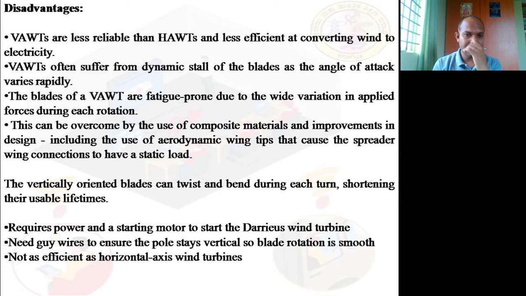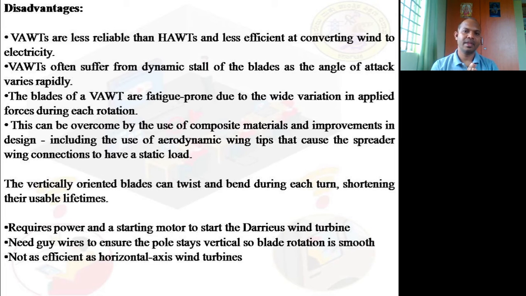Is it clear? This can be overcome by use of composite materials and improvements in the designs, including the use of aerodynamic wing tips that cause the spreader wing connections to have a static load. The vertically oriented blades can twist and bend during each turn. This is what I just meant to say.